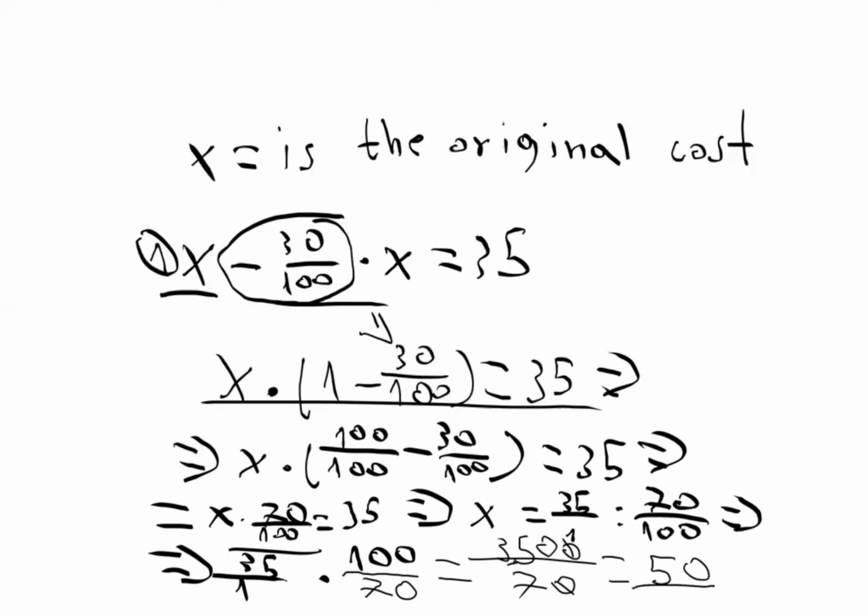Now, we solved it. 50 minus 30/100ths of 50 is 35. Now let's check that. 50 minus 30/100ths of 50 is equal to, it should be 35, right?